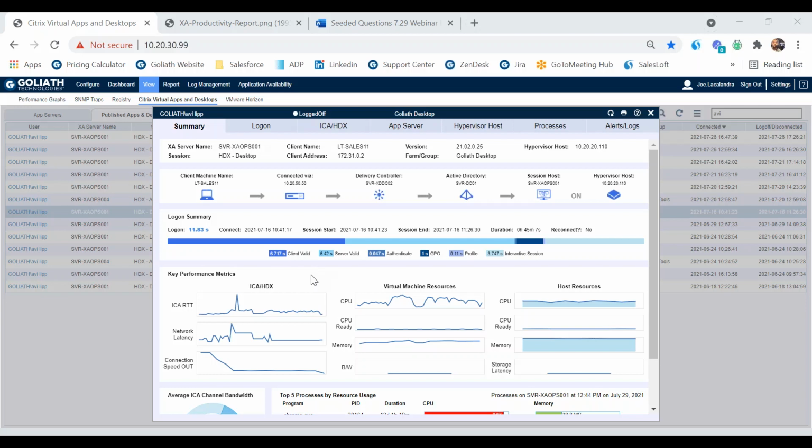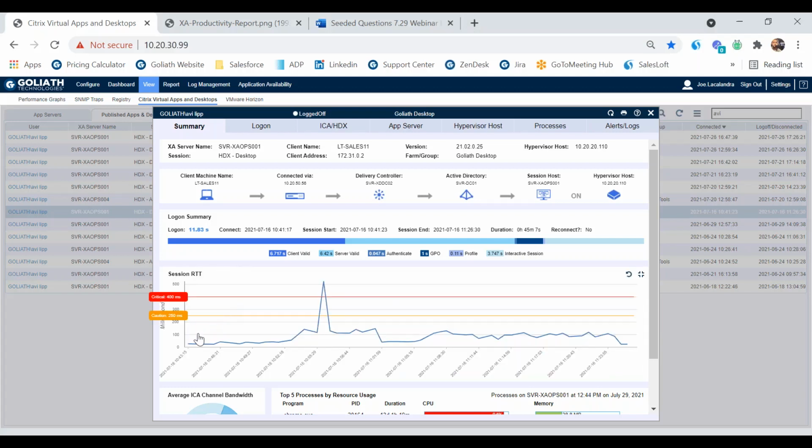And then lastly, for those of you who are using Director, when you click into a user's page, you're able to see real-time ICA round trip time, which you probably recognize. You're able to see real-time ICA latency. But what you're not able to do is trend that data over the course of that user session, which is very helpful because, as you all know, users don't always have an issue or report an issue in real time.